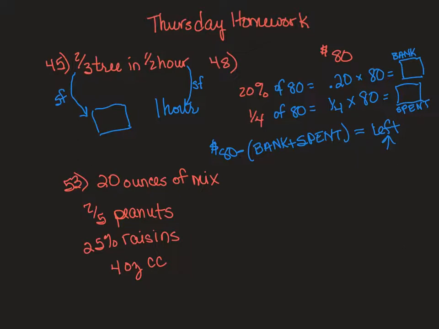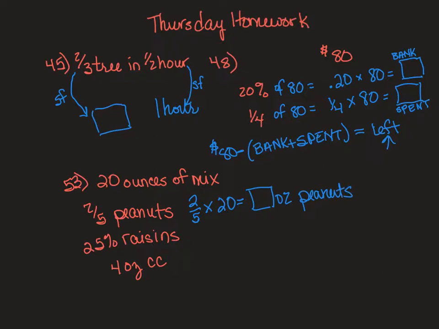We have 20 ounces of mix. So for peanuts, 2/5 of the ounces of the mix are peanuts. So here I go again. 2/5 of, remember, times, 2/5 of 20 is what? That's the ounces of peanuts.